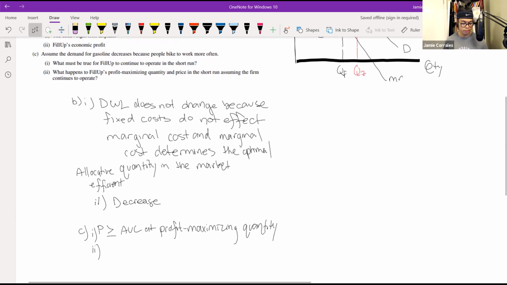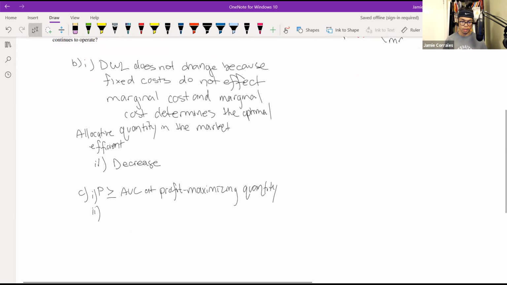What happens to profit maximizing quantity and price in the short run, assuming the firm continues to operate? Both will decrease. It's pretty obvious, although it might not be obvious, but let's explain. You don't have to explain why.